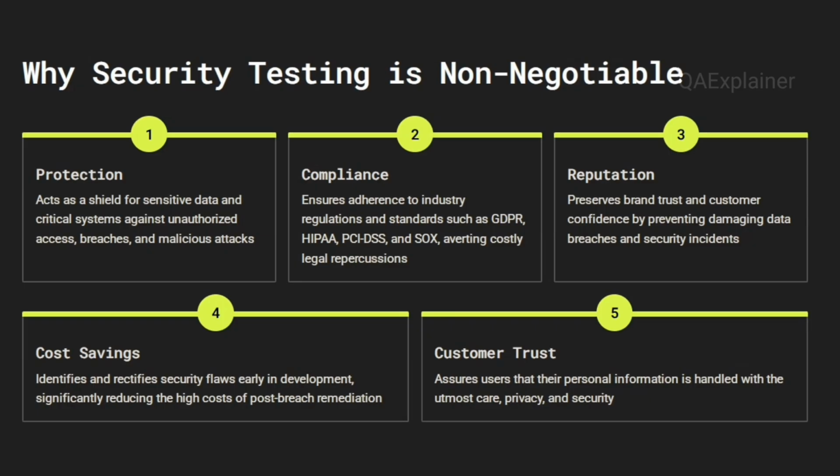Another thing is customer trust. It assures users that their personal information is safe with that software database or domain, and that privacy and security are proper for the customer. So that's why it is a non-negotiable and very crucial kind of testing.